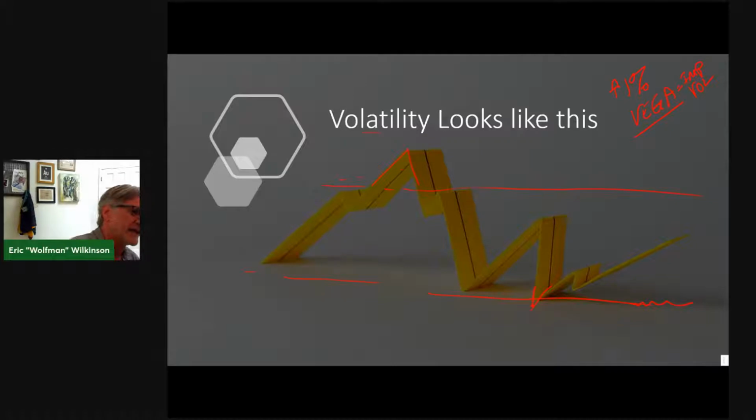So the idea is, if this is, let's just say, IBM, when volatility gets up near this upper area, I know that options are expensive. They're pricey. Let's just say they're worth threes.